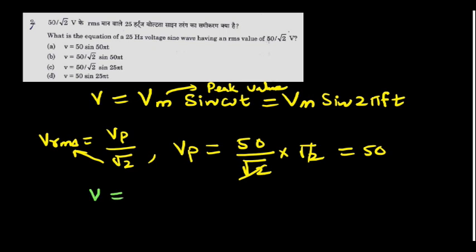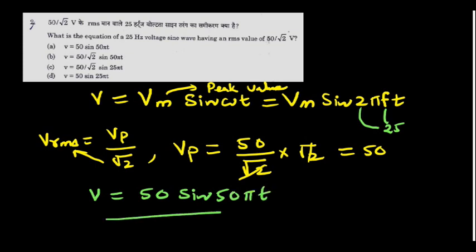V equal to, the peak value is 50, sine, the frequency is 25, so 25 multiplied by 2 gives 50. So sine 50 pi t. This is the answer, that is option A.